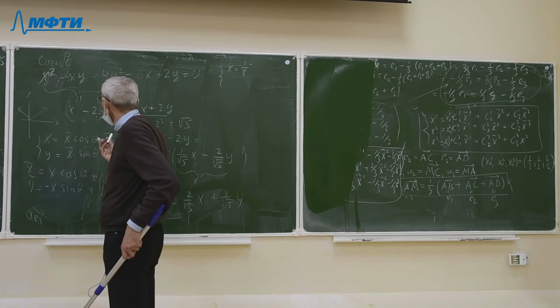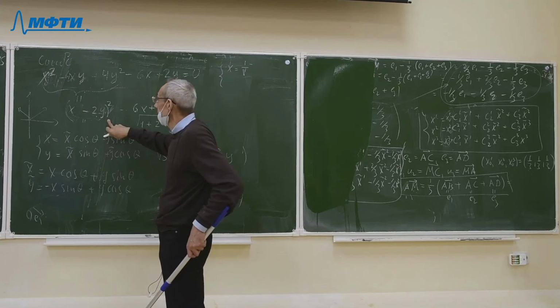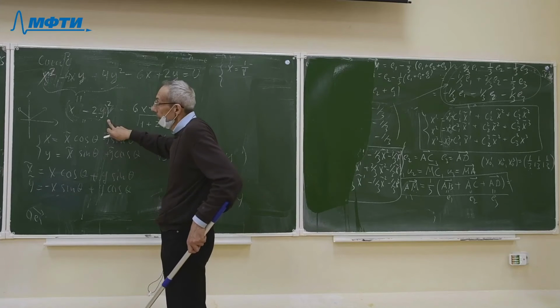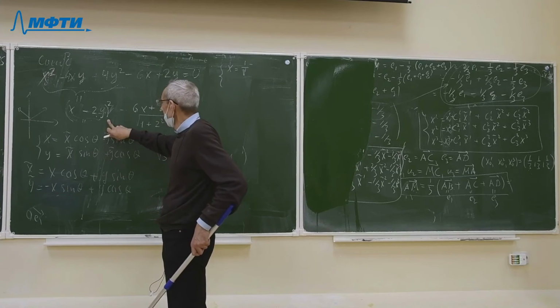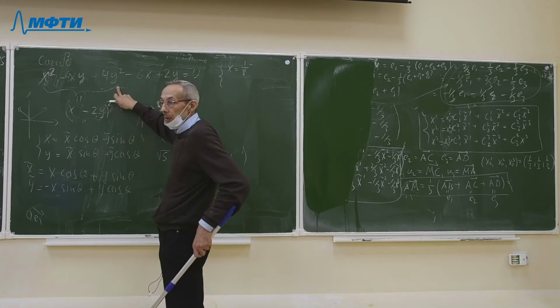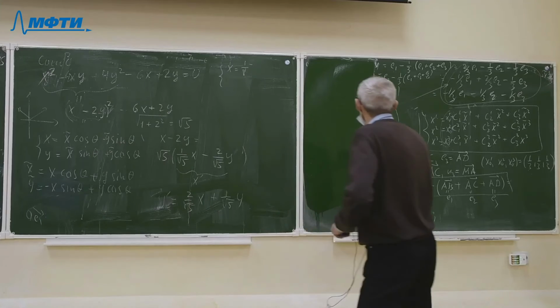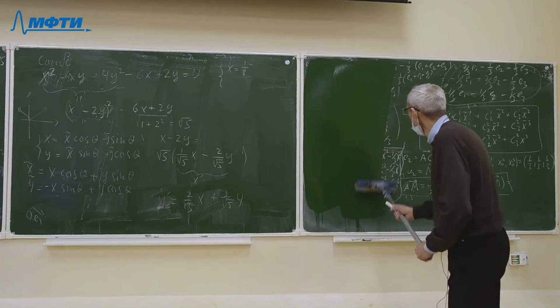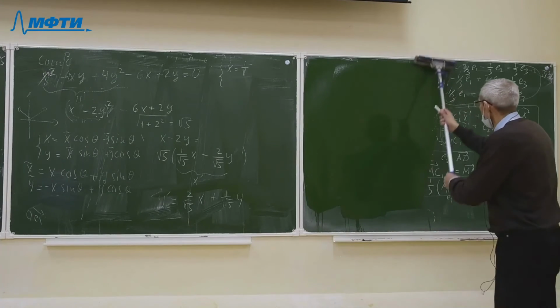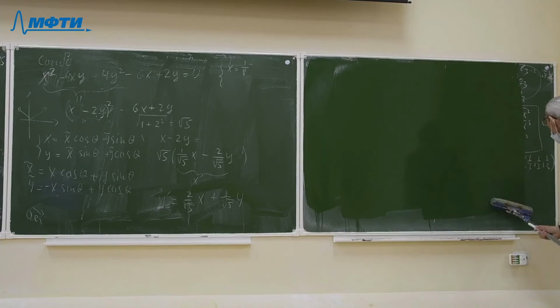And in this case, the other coordinate in the new coordinate system is absent. So we obtain that this curve is a parabola. And I try to find the exact formula for this parabola by a naive way.